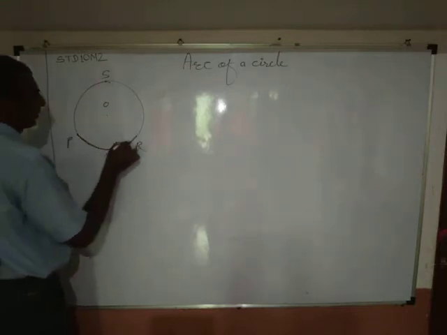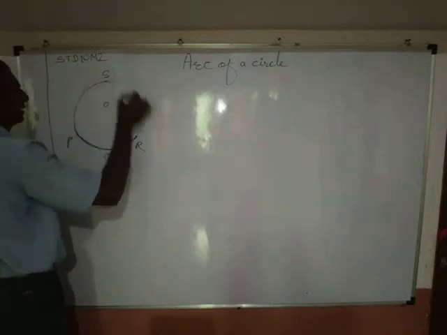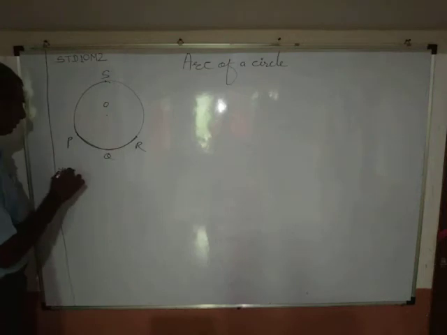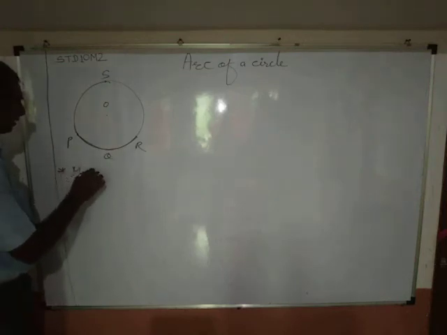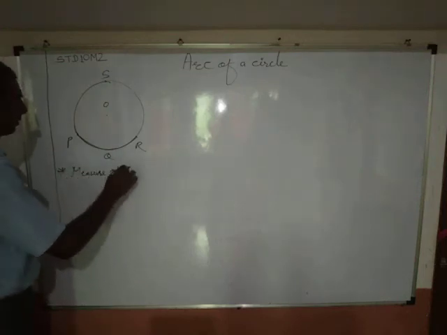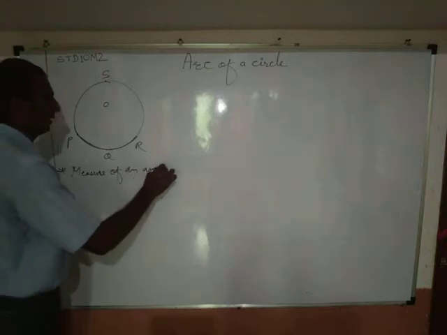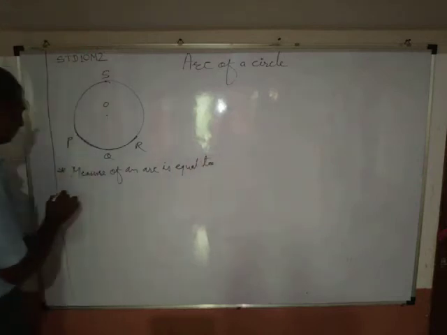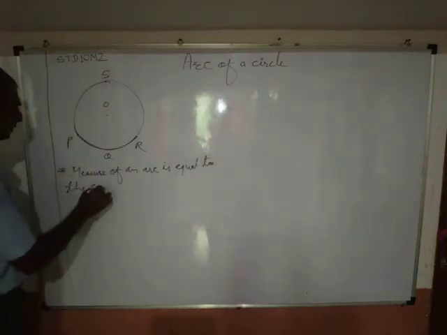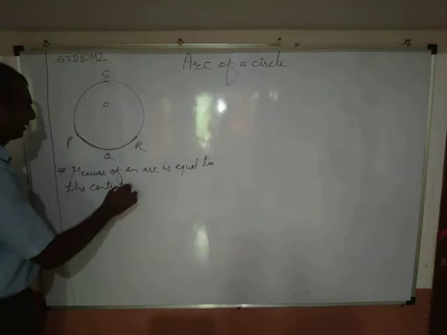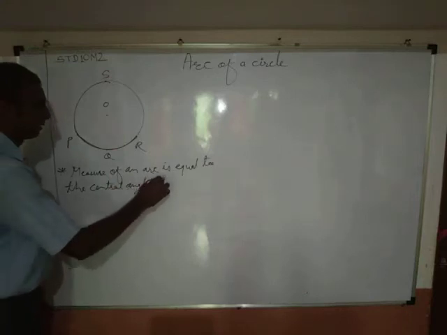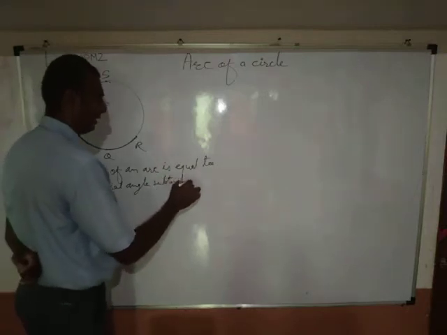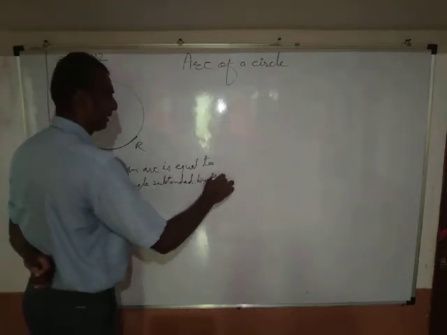Here arc PQR is minor arc, arc PSR is major arc. Measure of an arc is equal to the central angle subtended by that arc.